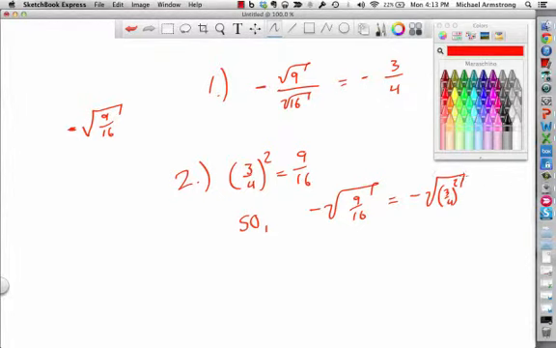And since the square root and the squared cancel each other out, you get negative 3/4. This is a longer way, and you probably would jump right over this step. The book wants you to understand it, though. So we're going to use it.